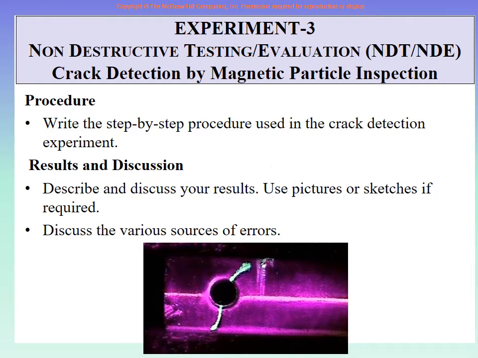You see, if you were physically doing it, then you are inspecting by magnetic particle inspection, and before the inspection you take a picture, after the inspection you take a picture, so you can describe that on the different pieces these were the types of cracks or flaws or other things that we could see, and before the experiment this is how it looked, and after the experiment this is how it looked.